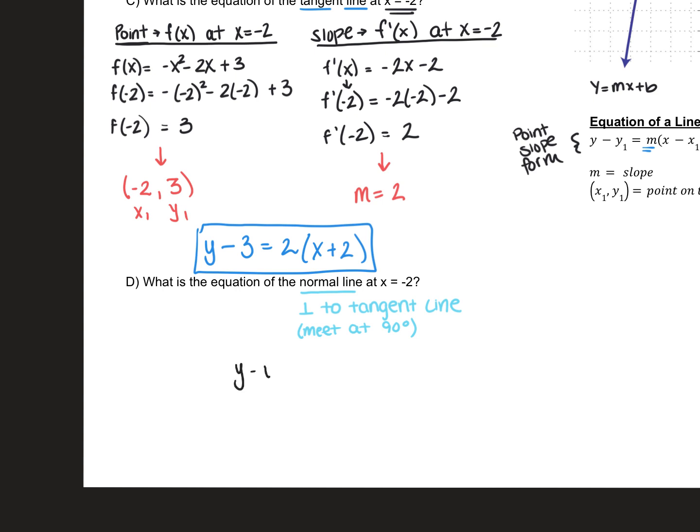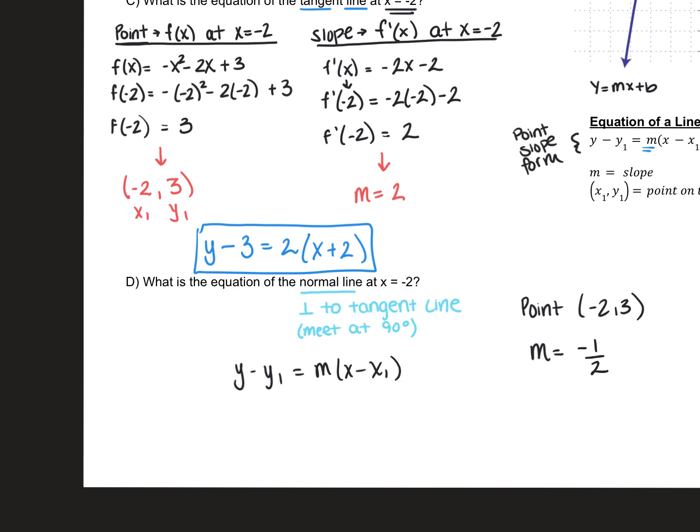So first y minus y1 equals m x minus x1. So we said the point was the same, which is -2, 3. Now the slope is actually not going to be the same. The slope is not going to be 2. The slope is going to be -1/2.